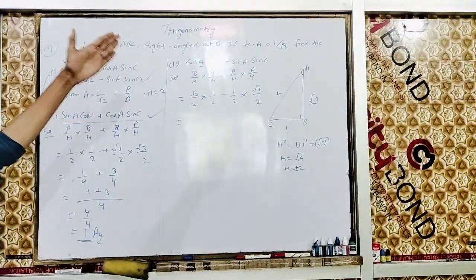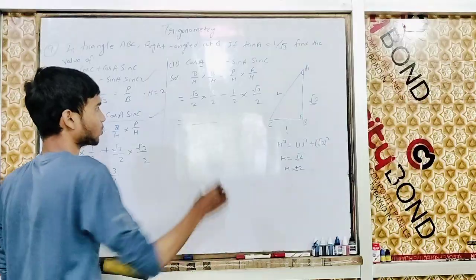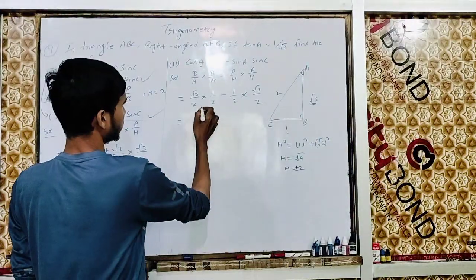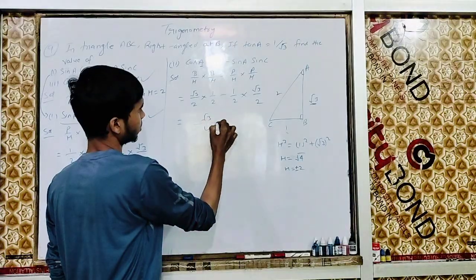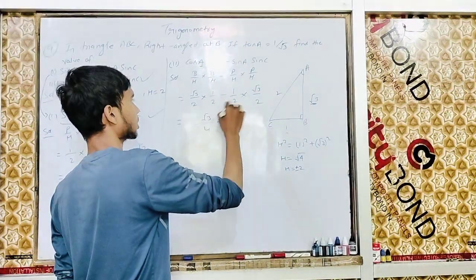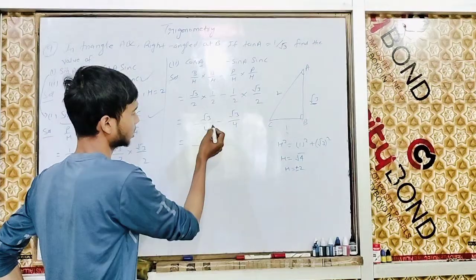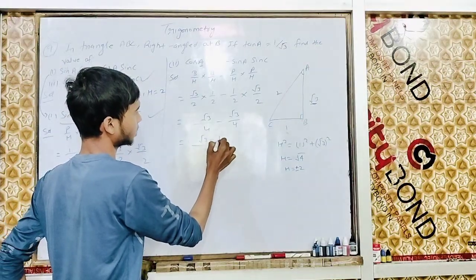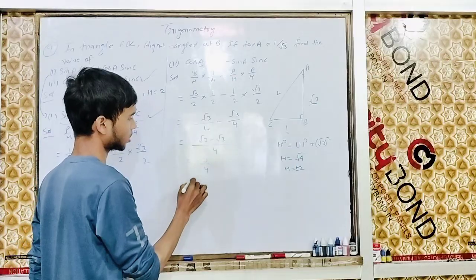Now our work is to simplify this further. 2 times 2 is 4, and root 3 times 1 is root 3. 2 twos are 4, root 3 ones are root 3. So here it is root 3 minus root 3 upon 4. This will become 0 upon 4.